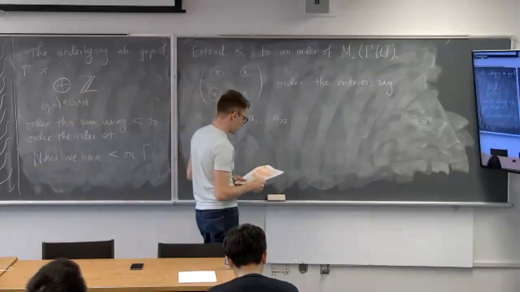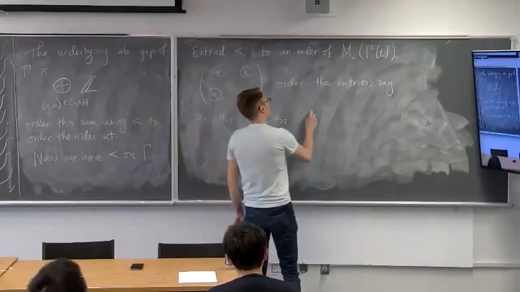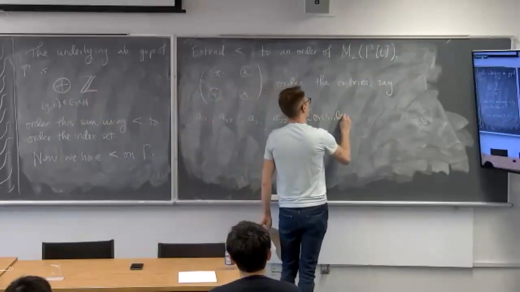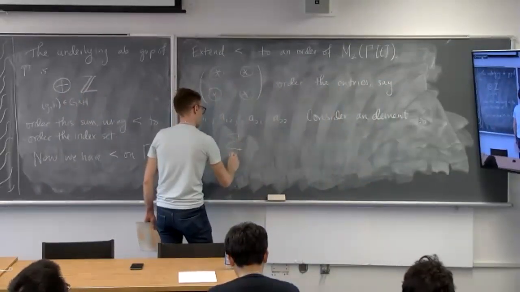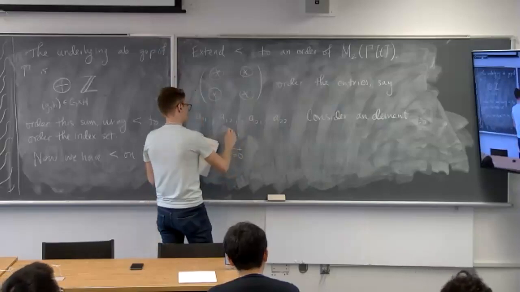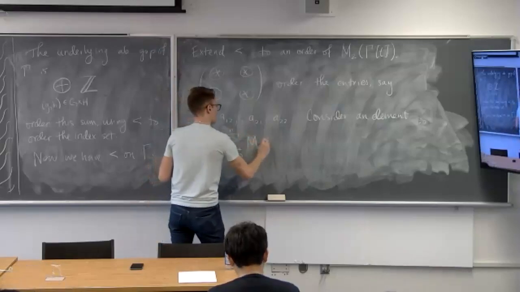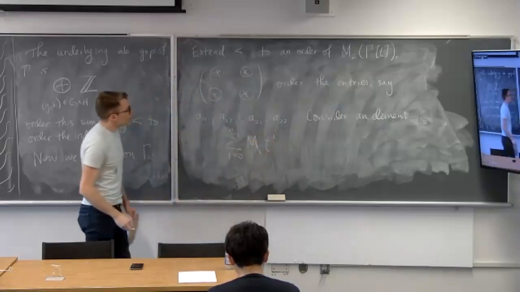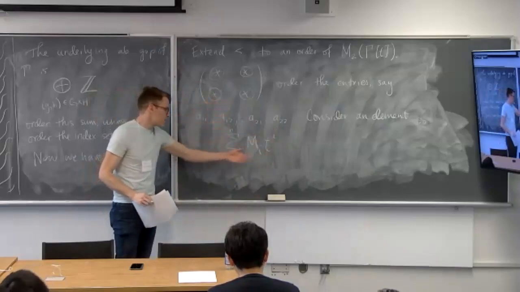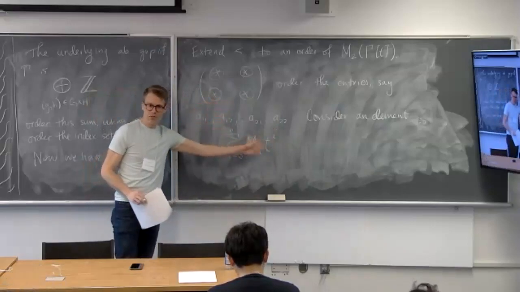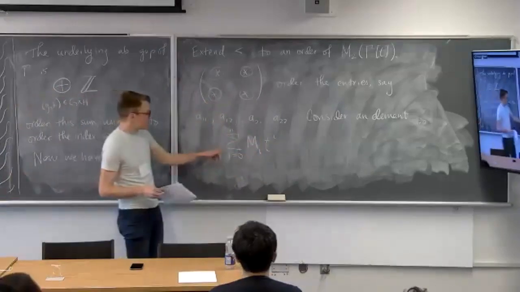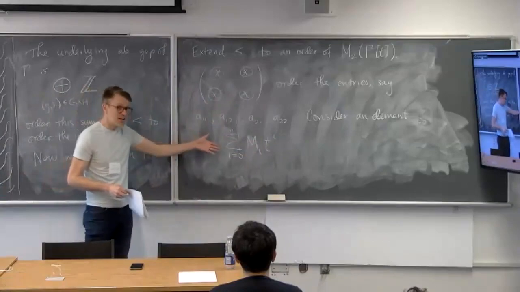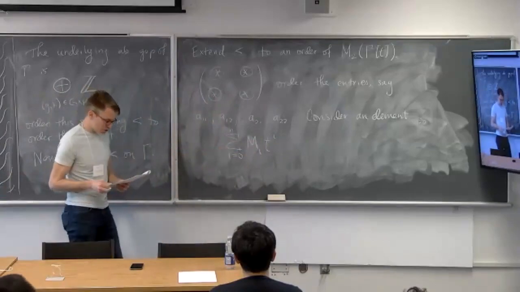Now, consider an element. That's going to be something that you can write like this: the sum from i equals 0 to n of M_i d_i. It's a matrix of polynomial entries, but you can pull the matrix out fine and keep the coefficients next to the matrix like that. Now I want to tell you when this is bigger than the identity 0.